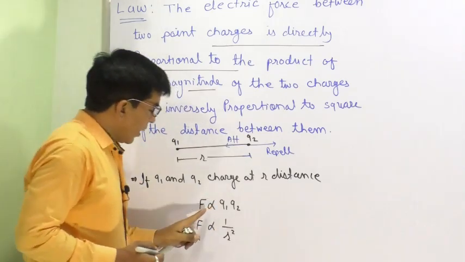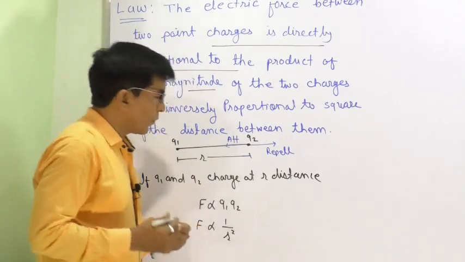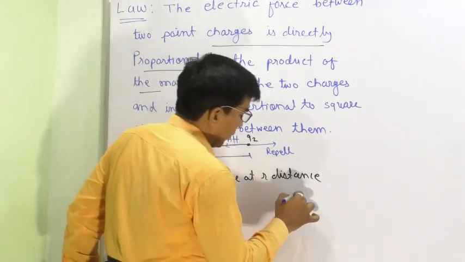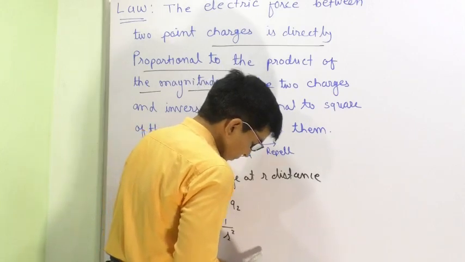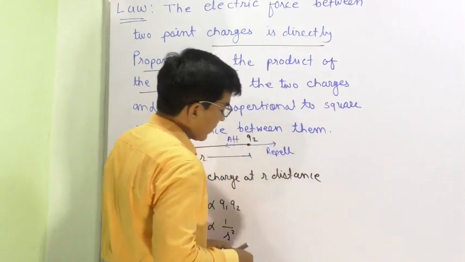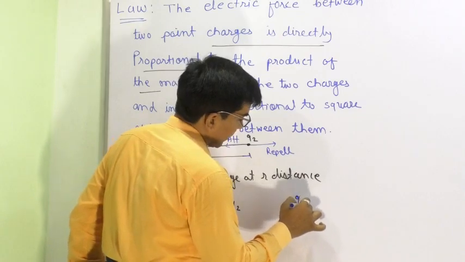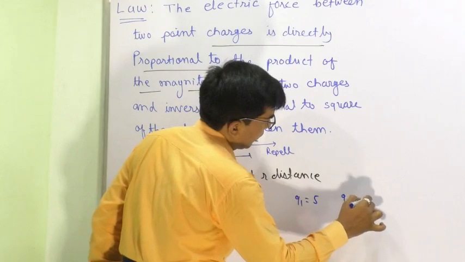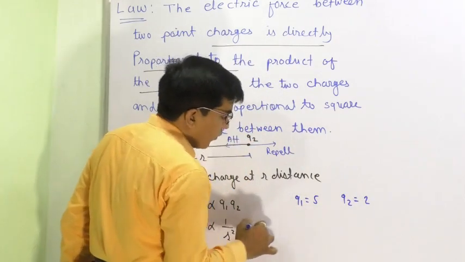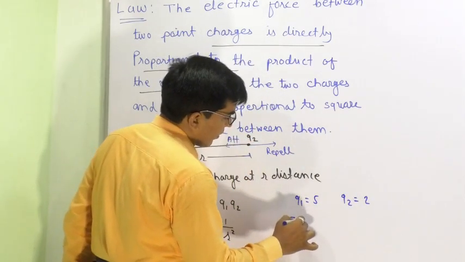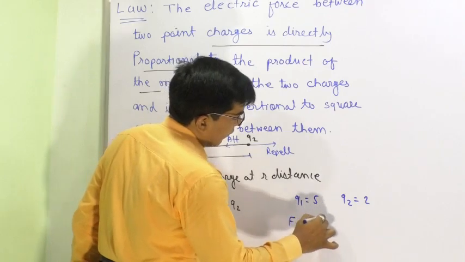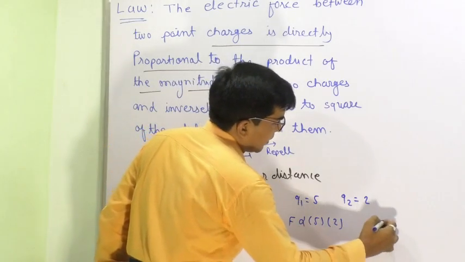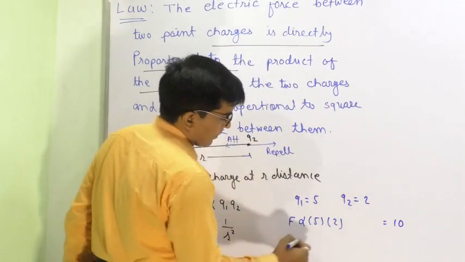It means F is proportional to Q1 Q2. Suppose Q1 is equal to 5 and Q2 is equal to 2. Then F is proportional to 5 into 2, so the value of force is 10.